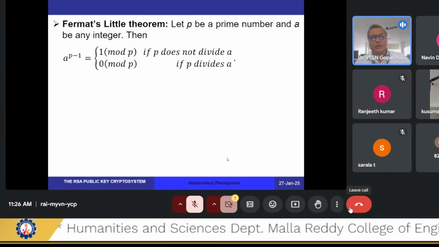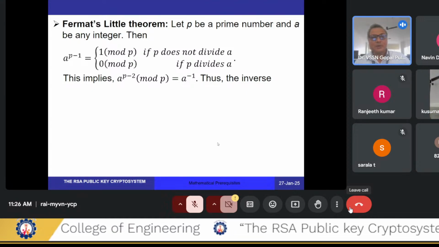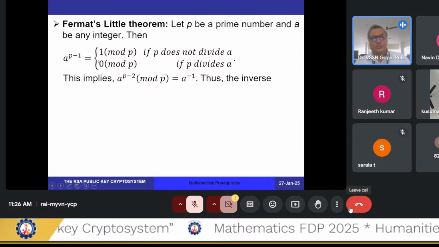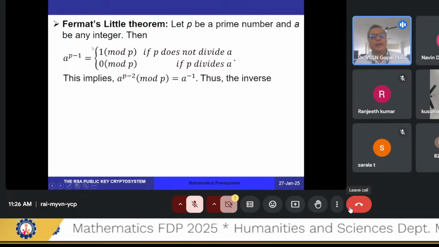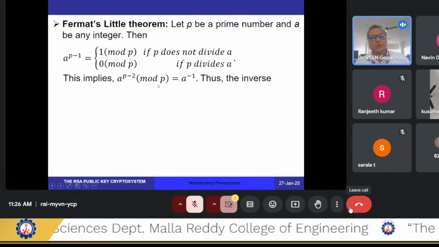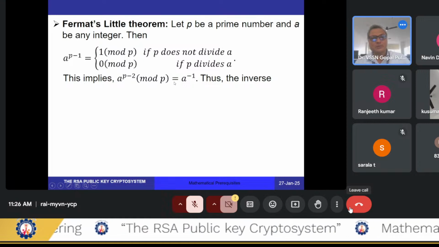This implies that if I multiply both sides by a, I get a raised to the power p minus 2 under mod p equal to a inverse.